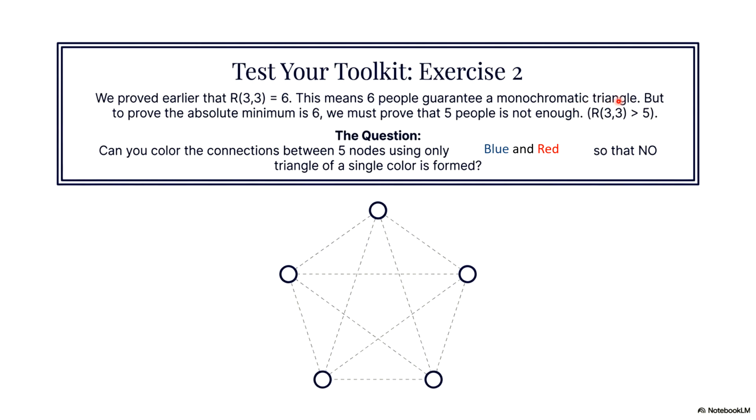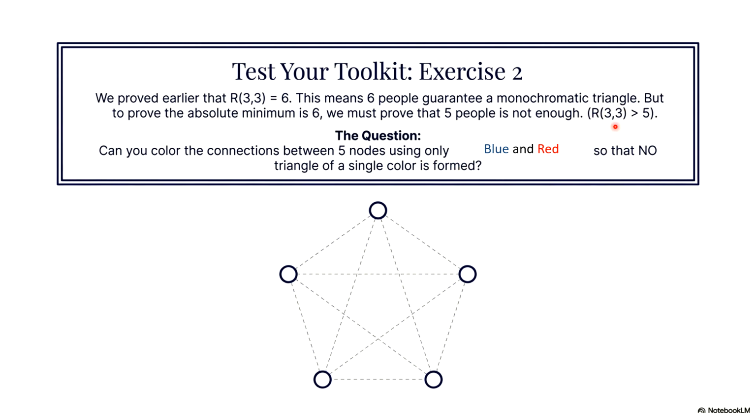In other words, a triangle of the same color, basically 3 people, a trio of people who are strangers or friends. But to prove the absolute minimum is 6, we must prove that 5 people is not enough. In other words, R33 is greater than 5. The question is, can you color the connections between 5 nodes using only blue and red so that no triangle of a single color is formed?